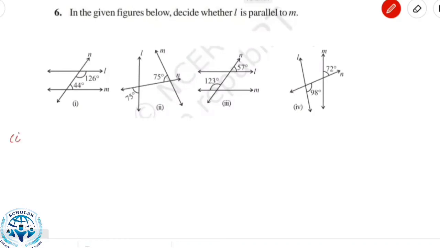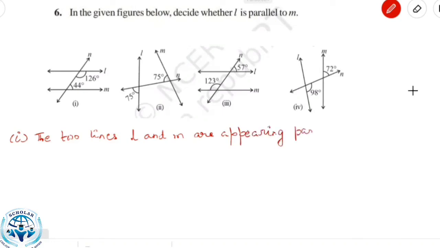Question 6. In the given figures below, decide whether L is parallel to M. Now angles are given. In the first one, the two lines L and M are appearing parallel and N is the transversal.